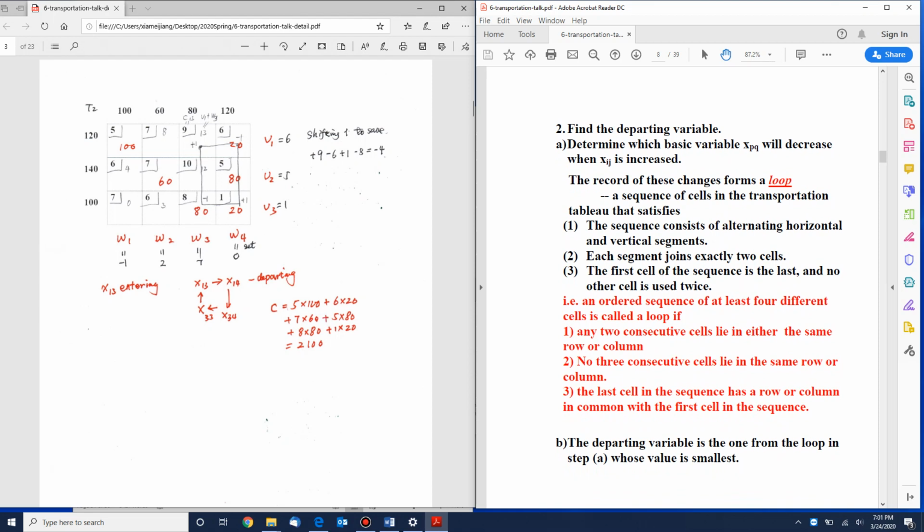So in this way the loop is from x13 to x14, and from x14 to x34, and from x34 to x33, and then back to x13. And here you can look at it from the row change, that the first subscripts of the variables are the same, 13 to 14, and then from 14 to 34, the second subscripts are the same.